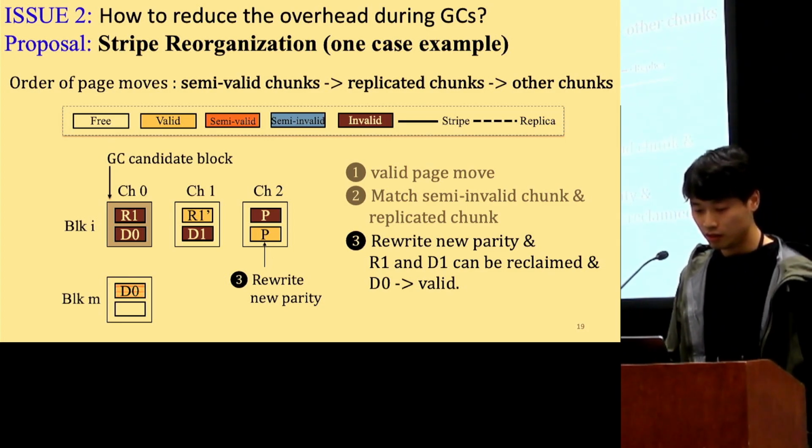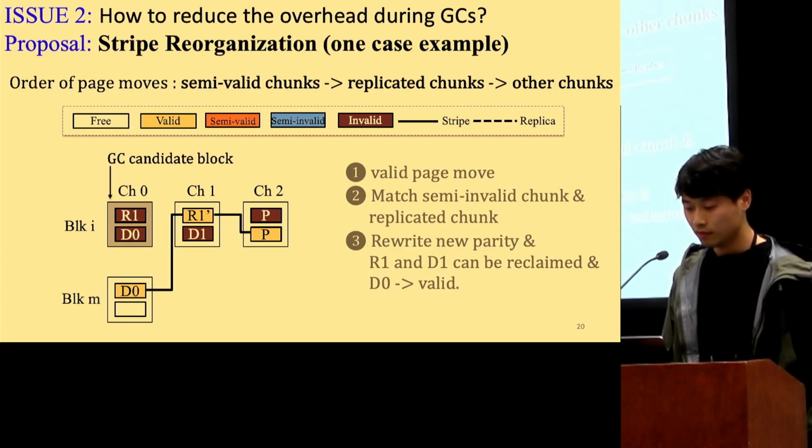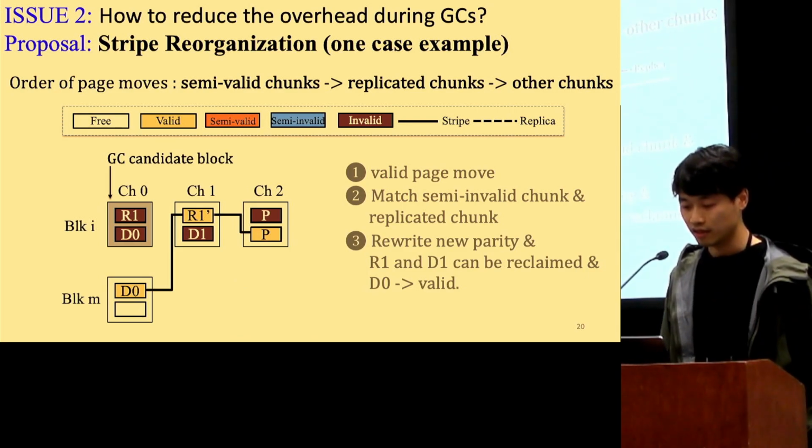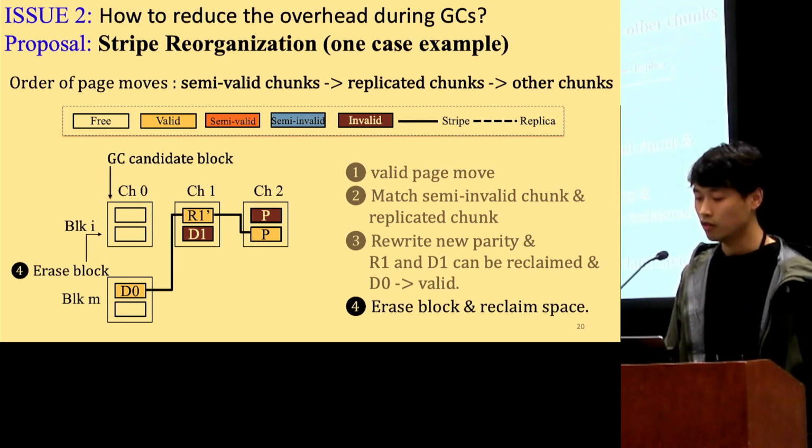And the D0 can be set as valid from semi-valid. Finally, the new strap completes the reorganization. And if the garbage collection candidate block only has invalid pages, it can be erased.